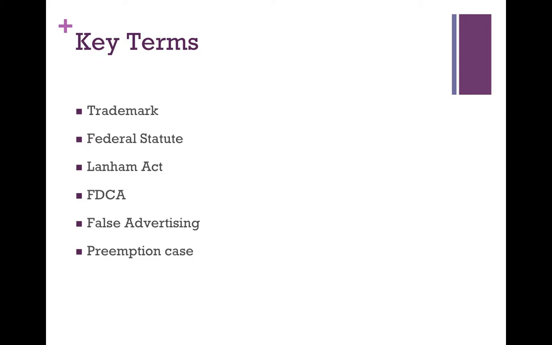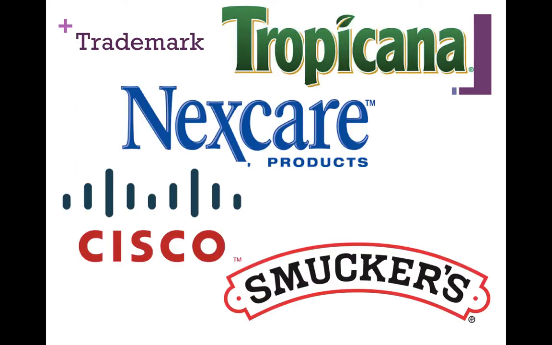Intellectual property, if you remember, is a piece of work of many different kinds that has resulted from one's creative mind. And these are different examples of trademark items. Like Tropicana, you can see the little symbol. Sometimes it's an R, which is reserved for certain types of protection, and then the TM, which stands for trademark as well.